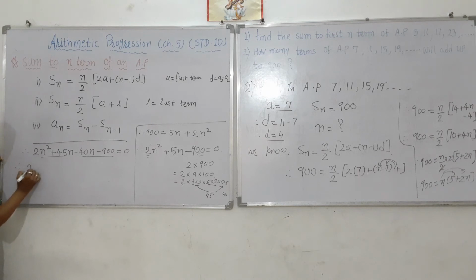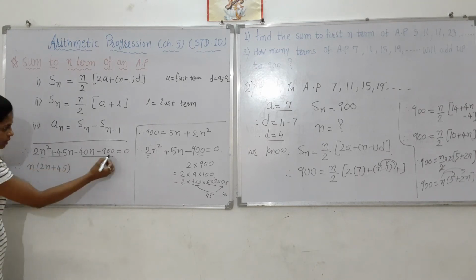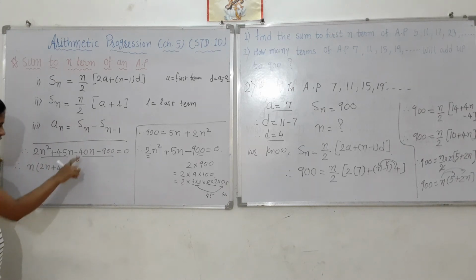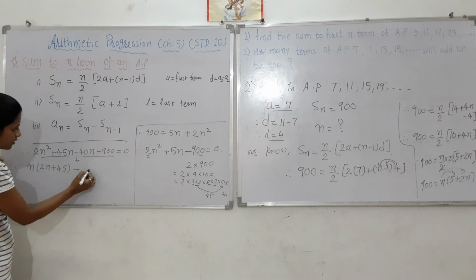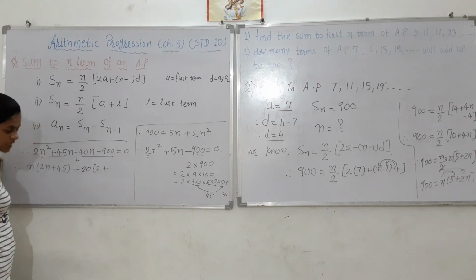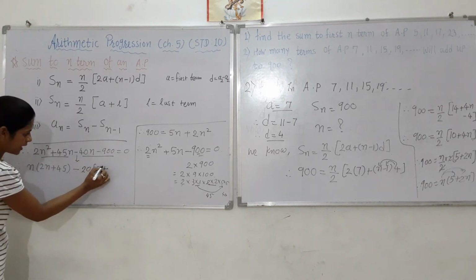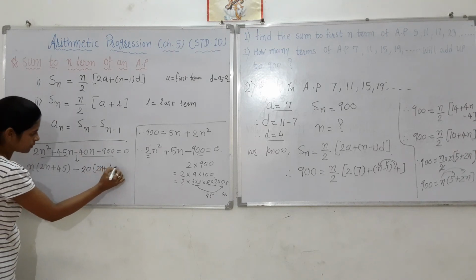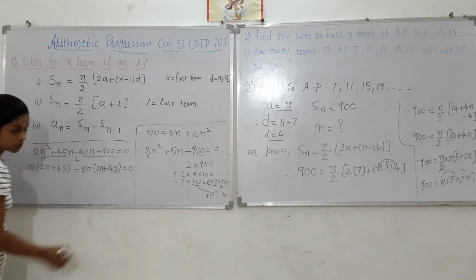Common from this is n, so here is 2n plus 45. Common from these two, the minus sign is common, the inner sign will be changed. Here 40 and here 900, common is 20, so here 2 is left, and here is minus common, so the inner sign will be changed, plus n as it is, and 900, 20 is common, so remaining is 45, which is equal to 0.